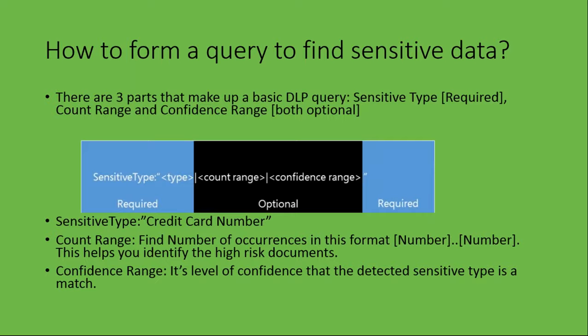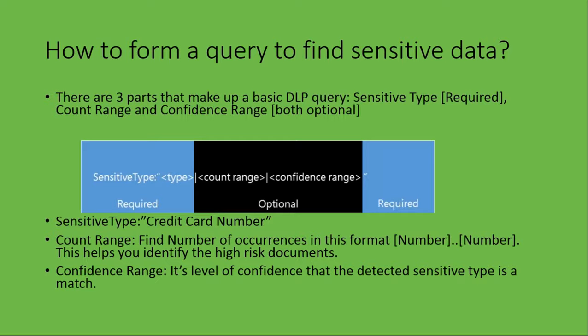But as I just said, we can specify some range of numbers in the query. Now, what are those ranges? The first range is the count range. We can specify that if a document has 5 or more credit card numbers, then report this document as a sensitive document.